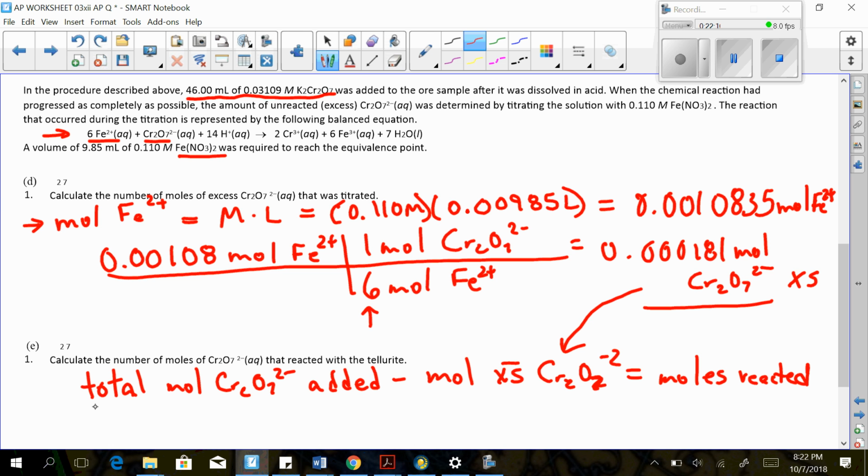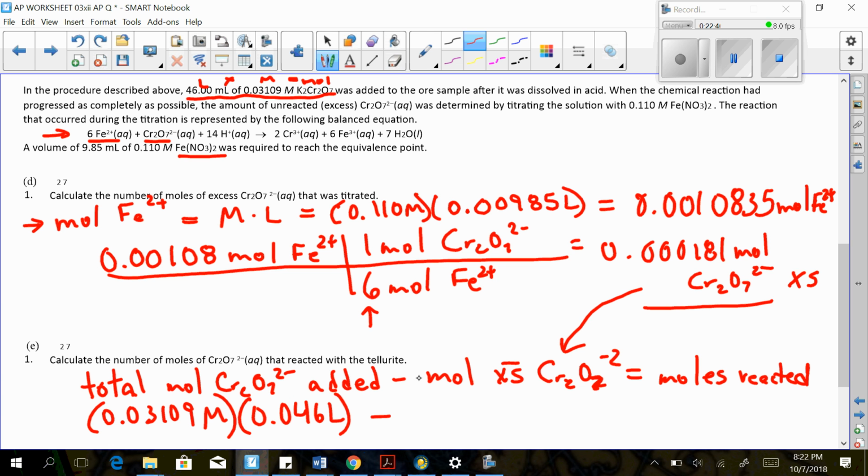So if we multiply the molarity of this times the liters of that, we get the moles. So down here I'm going to write our 0.03109 molarity times our 46 milliliters, except I'm going to convert that to 0.046 liters.